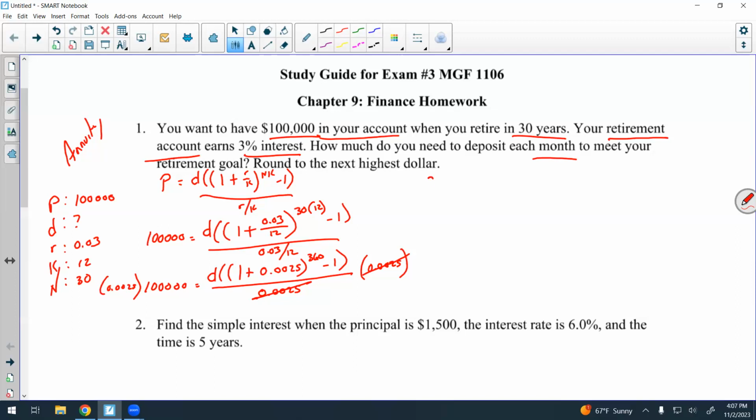On this side, I get $250 equals D times 1.0025 to the 360th power minus 1.